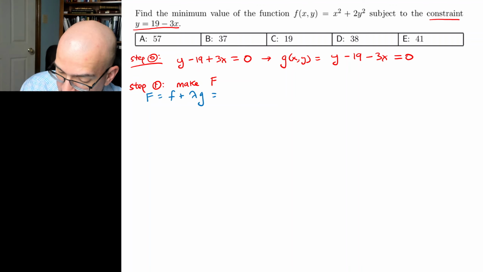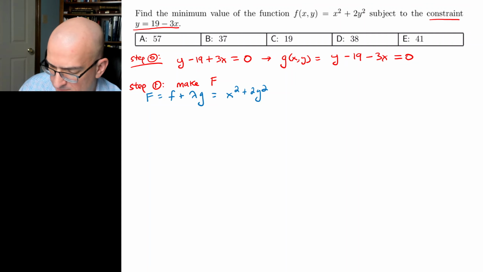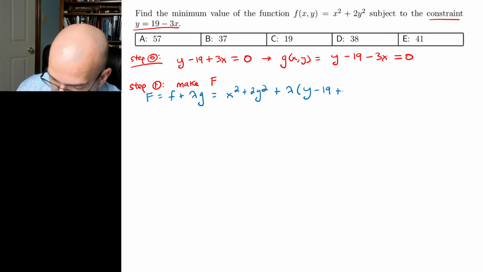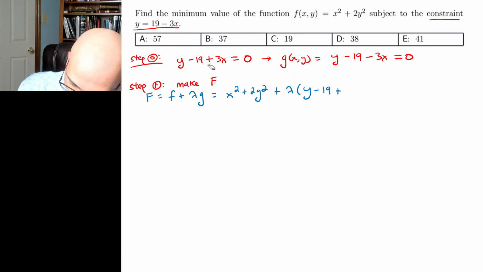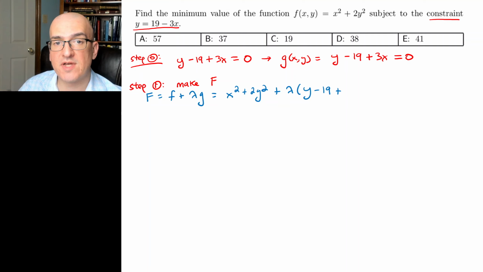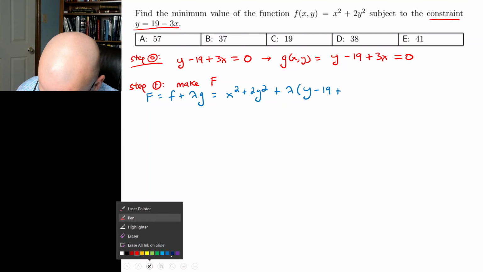Our objective function is x squared plus 2y squared plus lambda times our constraint, which was y minus 19 plus, oh, I made a typo. I see my typo. My typo was right here. This should be plus. I don't know where that came from. I added 3x to both sides to move it over. So plus 3x.